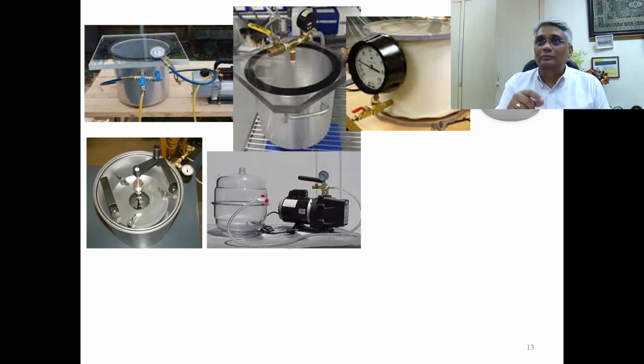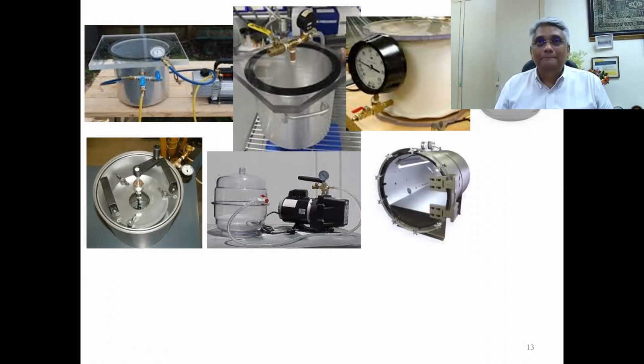That's called a leak-proof system. So I evacuated to 10 raised to minus 2 torr, and then I switch the vacuum pump off, and I need to see how long the vacuum remains inside. That is a test for the vacuum leak, okay?